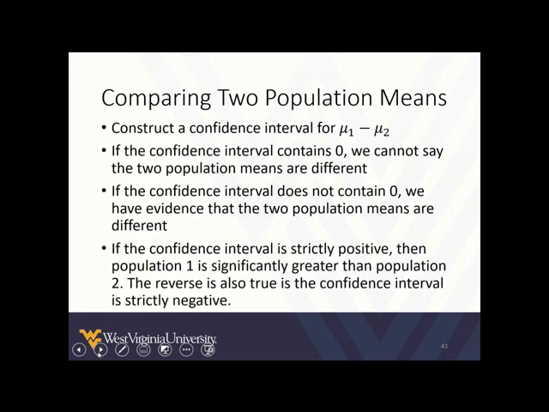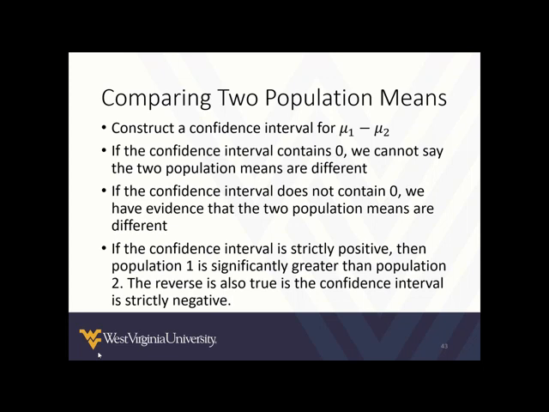And so in constructing a confidence interval for mu1 minus mu2, part of our interpretation is this: if the confidence interval contains 0, we can understand that the two population means are not that different or insignificantly different.